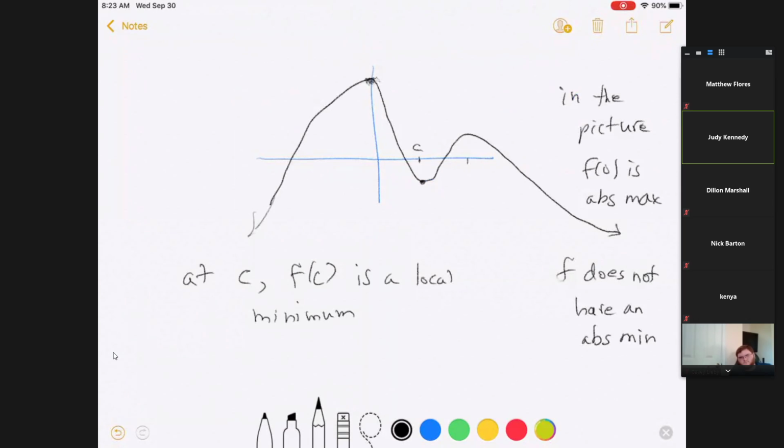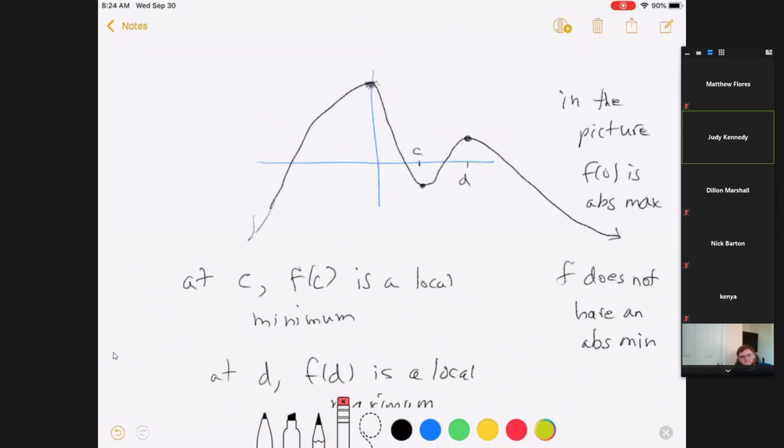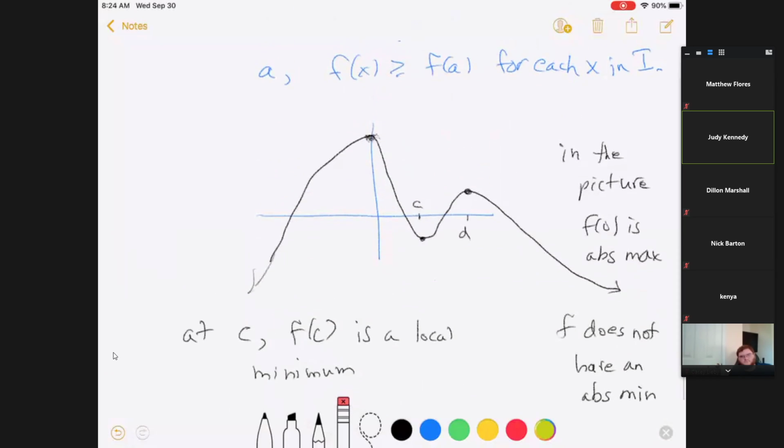And also, it looks like at some number d, you have a local maximum. And f of 0 is also a local maximum. But f of 0 is the highest point, so it's also an absolute maximum. Any questions?